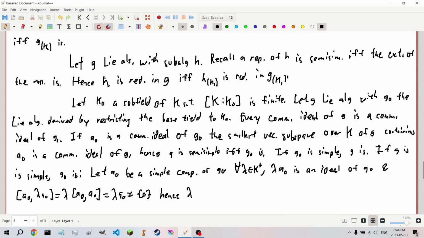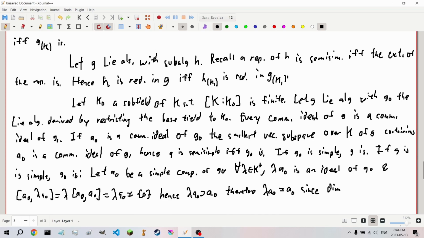Hence, lambda A naught is contained within A naught. Therefore, lambda A naught is A naught. Just use an equal sign because we are in math.